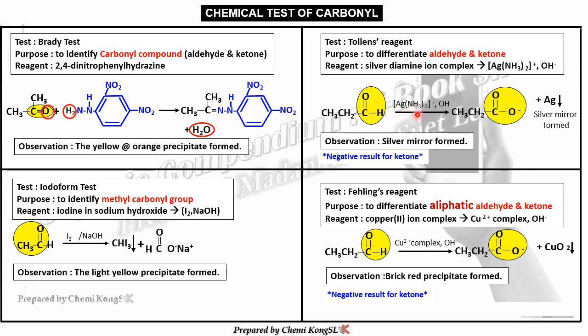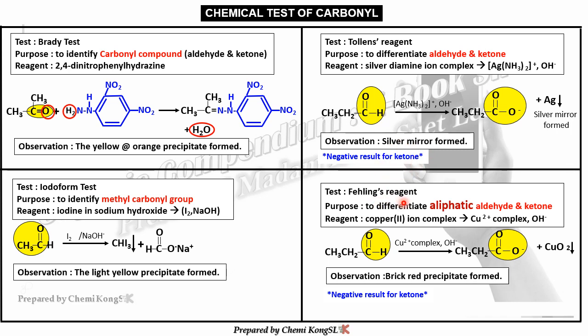Silver diammine complex, Ag(NH3)2 positive, in basic medium, hydroxide. It will form the propanoate ion and the silver mirror, or sometimes we say gray precipitate. Normally we write down silver mirror form. The observation is silver mirror formed. For ketone, it is a negative test, meaning no silver mirror is formed.